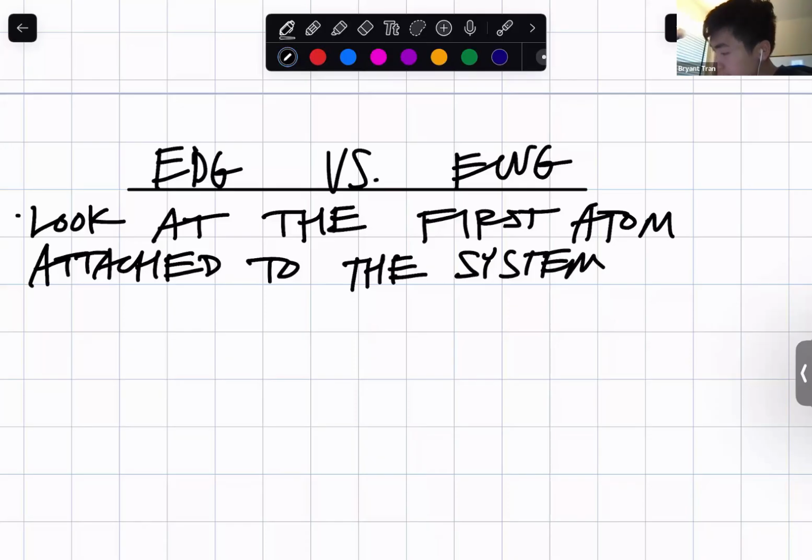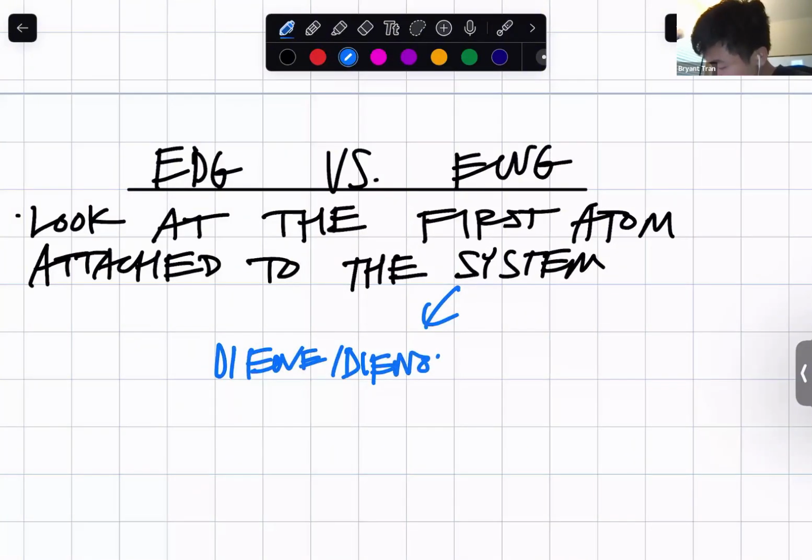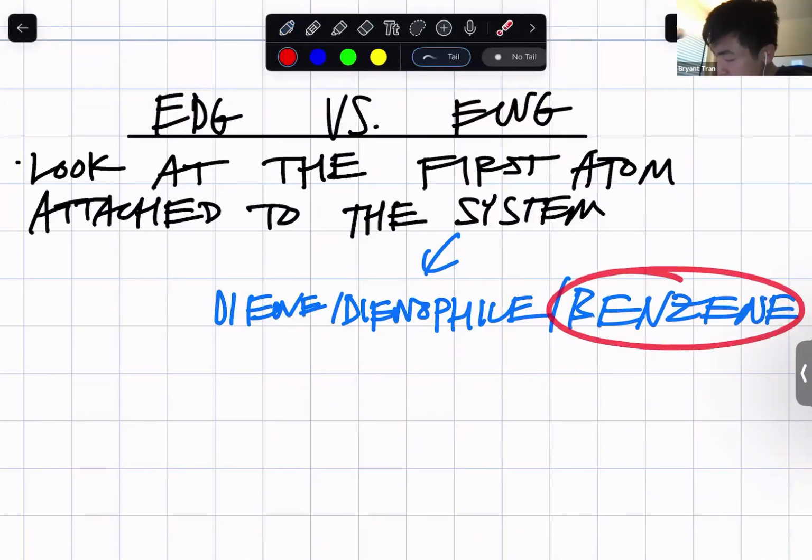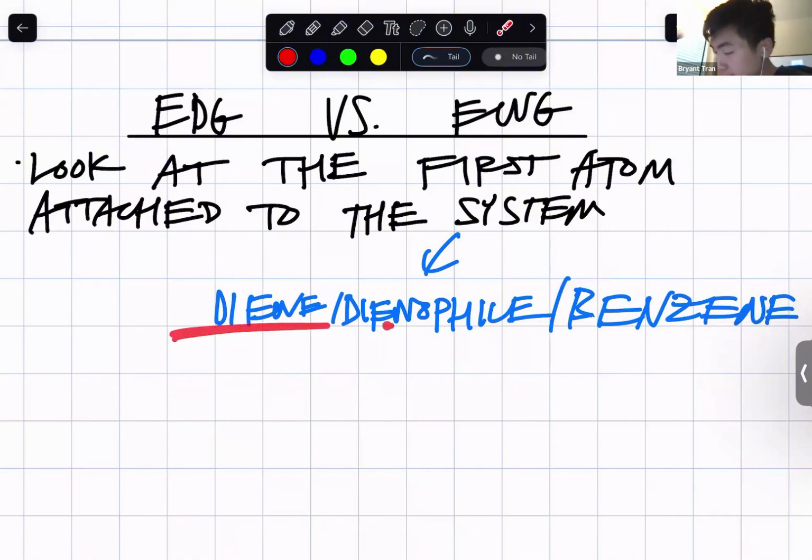And the system here could be a diene, dienophile, or benzene. In this specific EAS mechanism, our system here is specifically benzene. But when we talk about Diels-Alder, the system could either be the diene or dienophile.